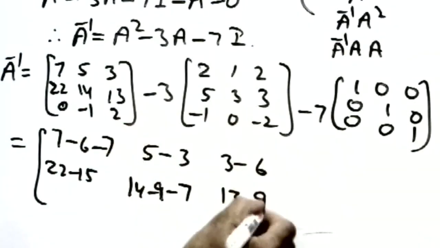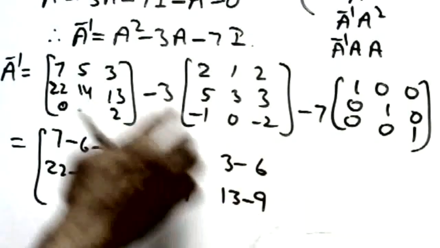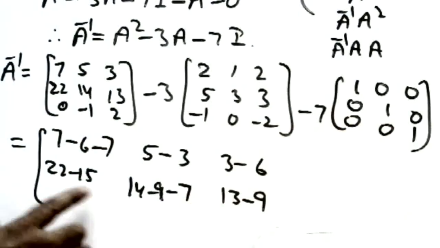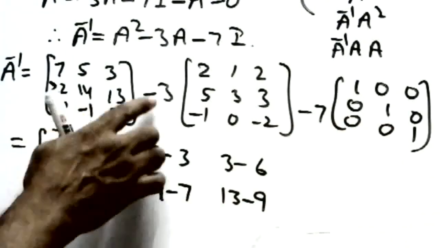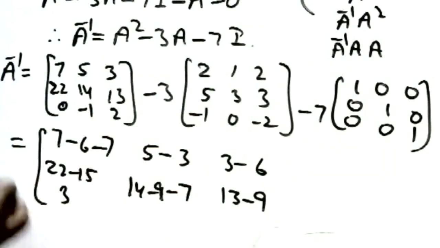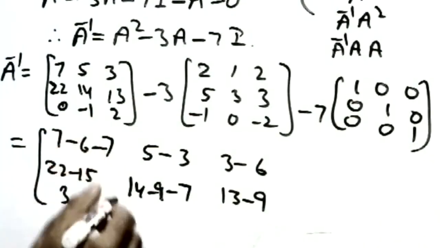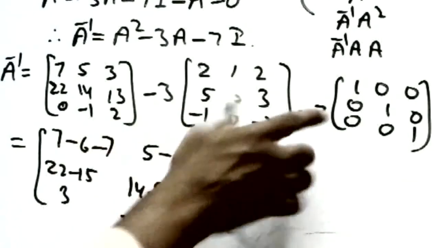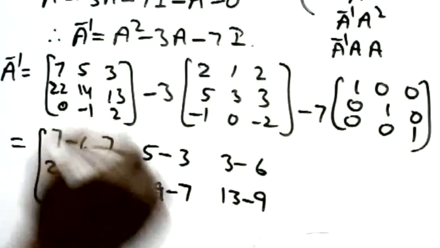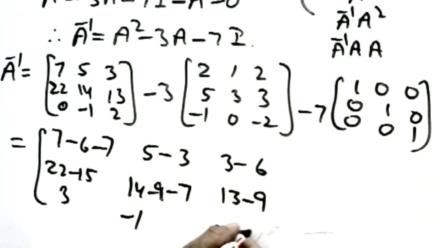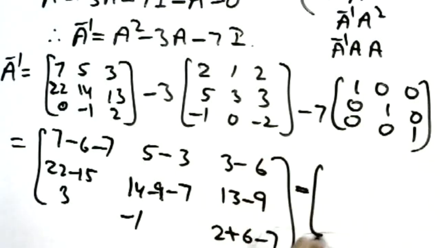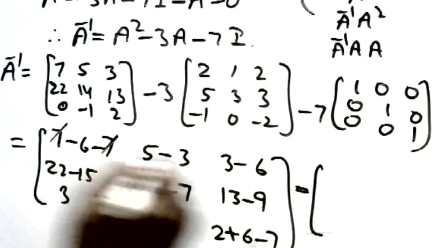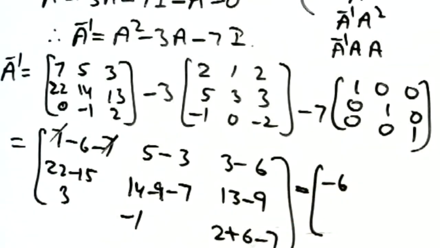Now here 13 minus 3 threes are 9, minus 3 threes are 9, that is 0, leave 0. Now lastly here 0, 0 minus plus 3, again 0. Now minus 1, 0, 0. The last is 2 minus plus 3 to 6 minus 7. So in A inverse, minus 7 plus 7 will get cancelled. We are left with minus 6.